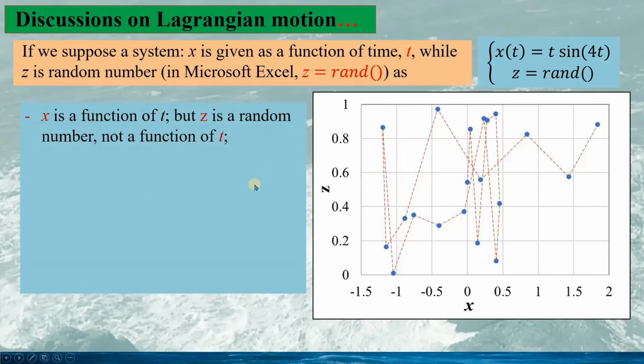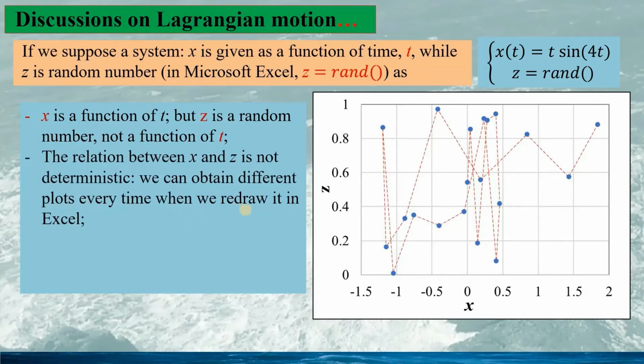So here we can see x is the function of t, but z is a random number which is not a function of t. Hence, the relation between x and z is not deterministic. In fact, we can obtain different plots every time we redraw it in Excel.